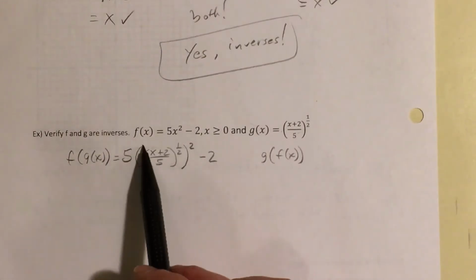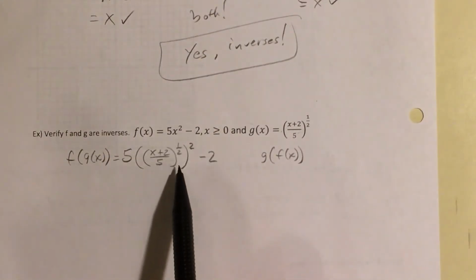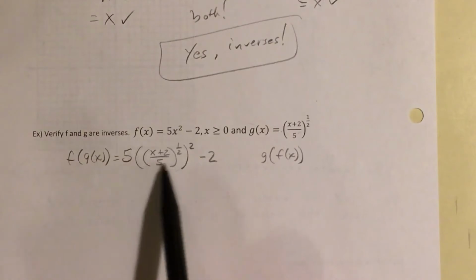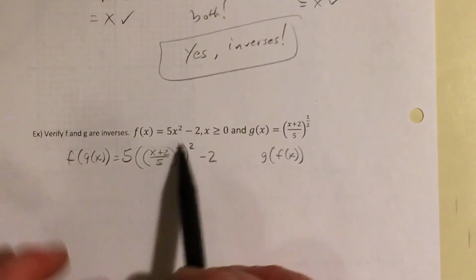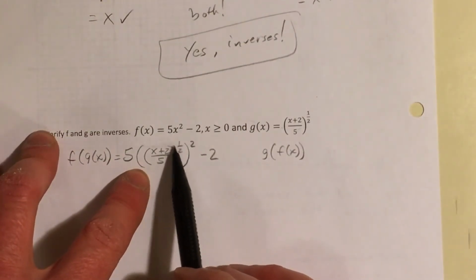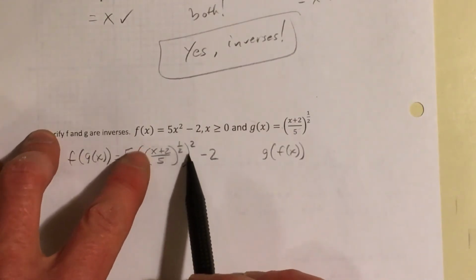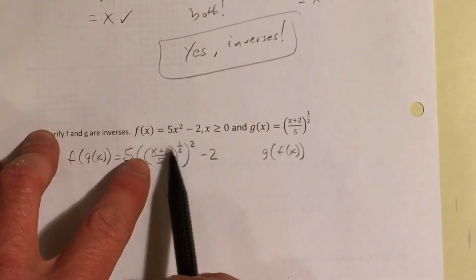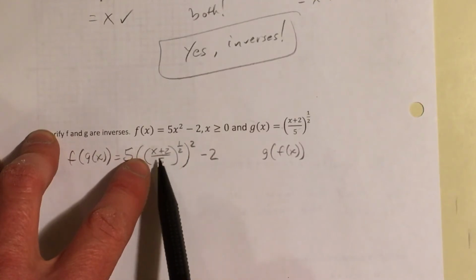Order of operations, you've got parentheses. You've got another set of parentheses. Now there's nothing we can do inside these parentheses. Then you go outside the parentheses, you've got an exponent. Outside of these parentheses, now this 1/2 does not go to this x and this 2 and this 5.